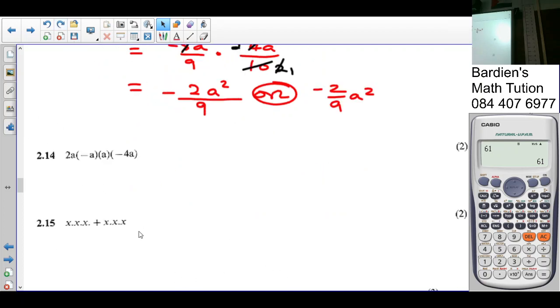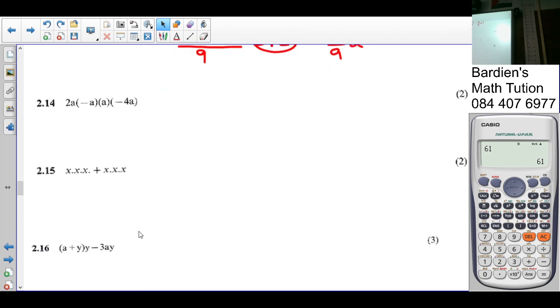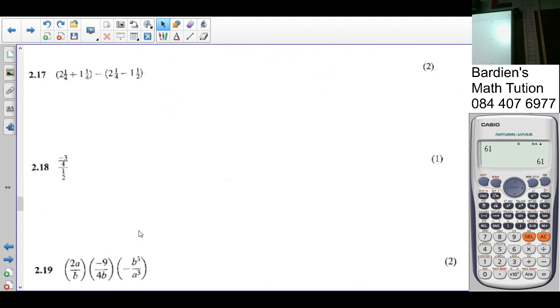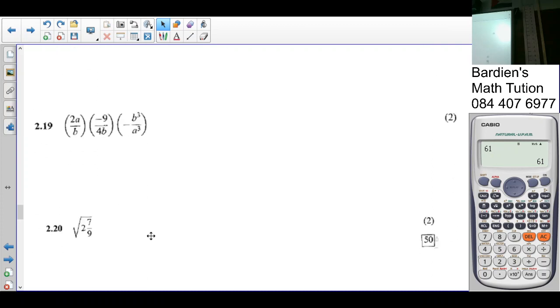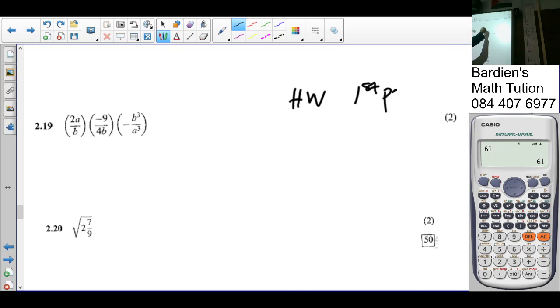So your homework is going to be the rest of number 2, and I only gave you up to number 10. So it's going to be 2.11. So the homework is the first paper, page 201.